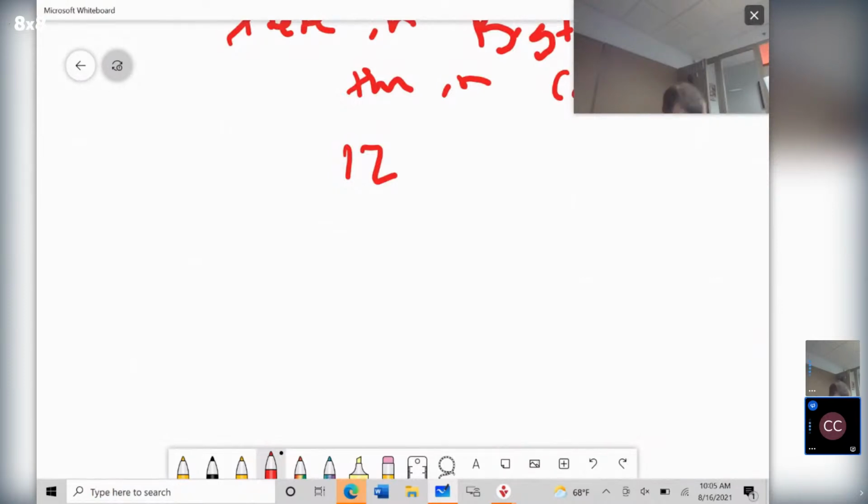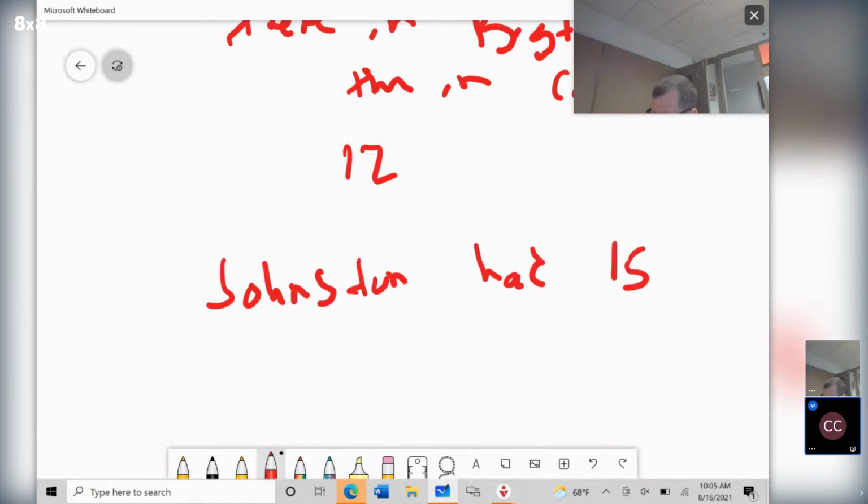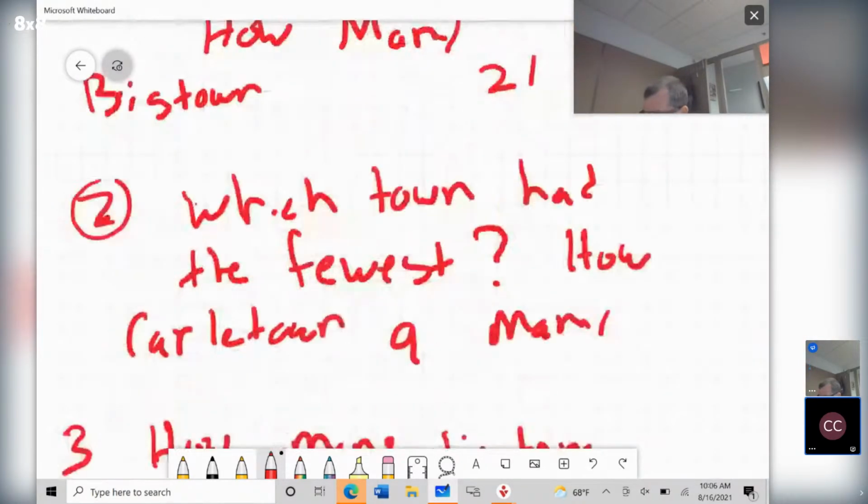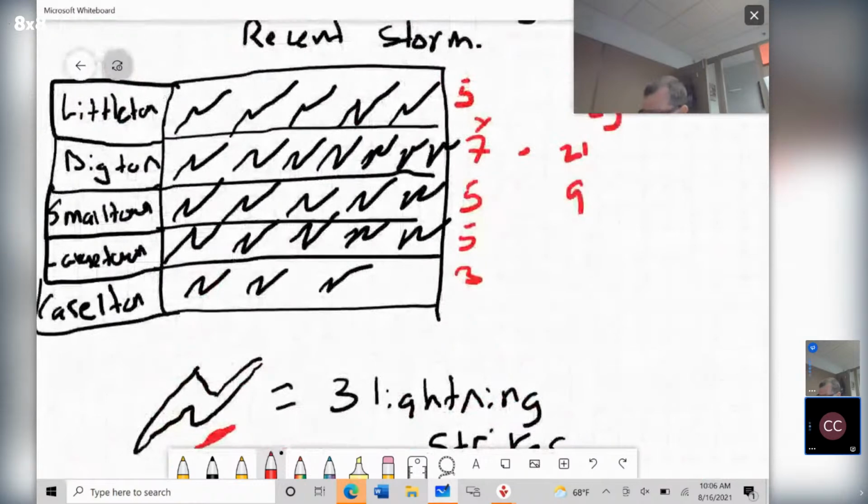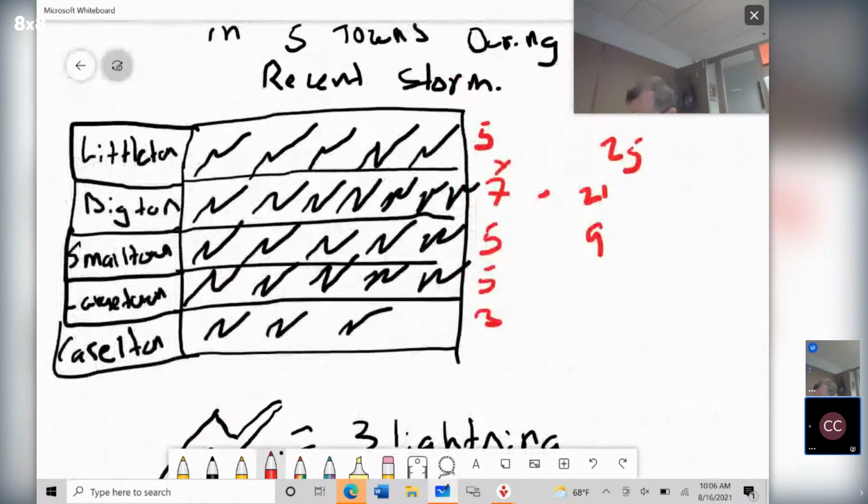And the last one, it says another town, Johnston, had 15 lightning strikes. So which towns in this picture graph had 15? So what we know, we're going to look for ones that have 5 symbols, because we know each symbol equals 3.